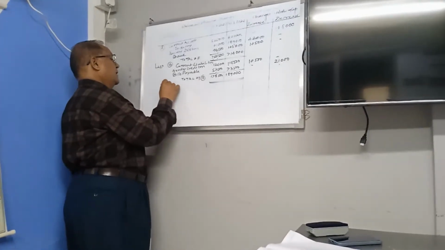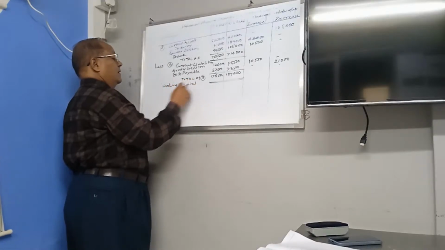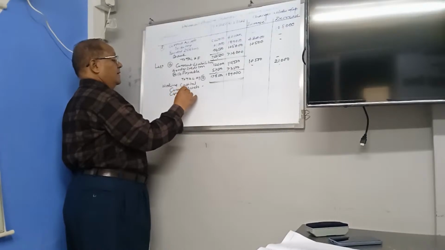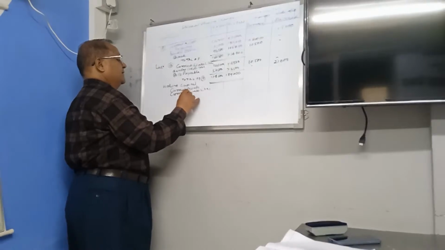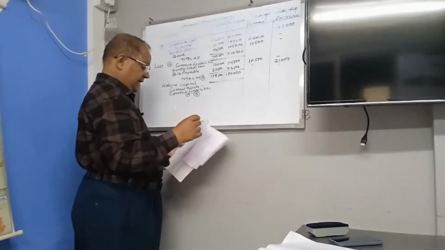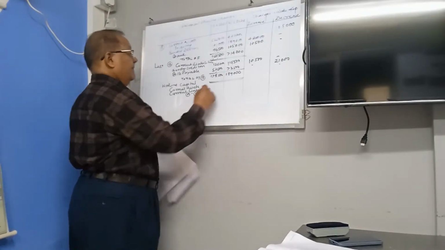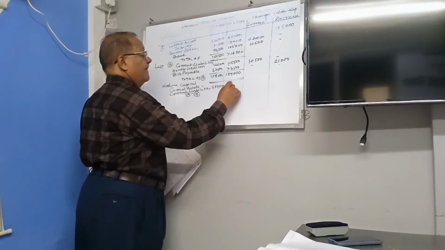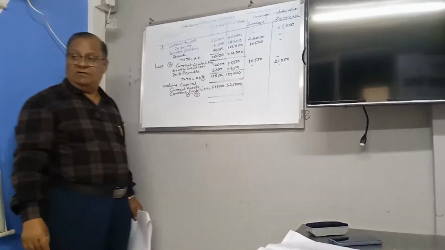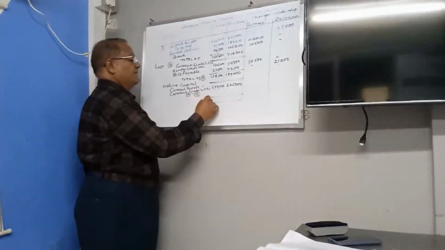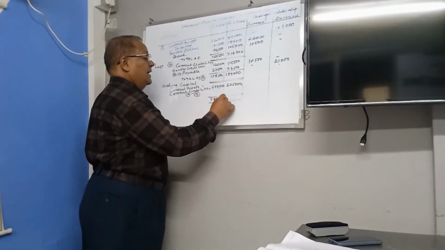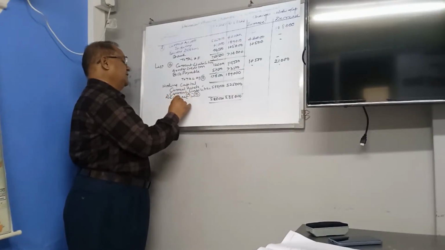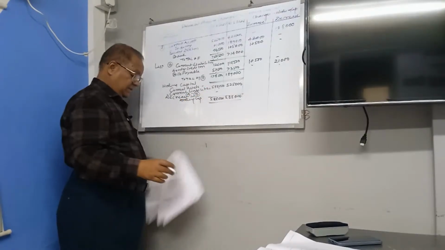Now working capital: current assets minus current liabilities, that is A minus B. So you will get working capital of 5,88,000 and another is 5,25,000. Put 5,88,000 here, and you will get a decrease in working capital of 63,000.